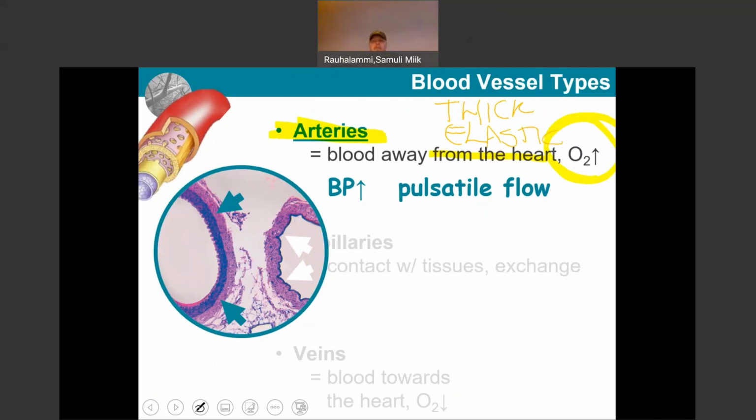This all goes back to where arteries are located. They're located just after the heart. So this is the area of the cardiovascular system that receives the blood at the highest pressure, shooting out from the heart in a pulsatile manner. These vessels really are under quite a lot of pressure. So responding to and handling this, and also to a certain extent smoothing this pulsatile flow of blood out from the heart.